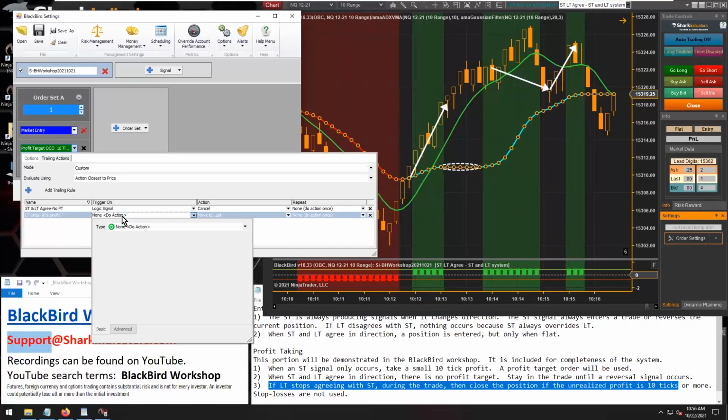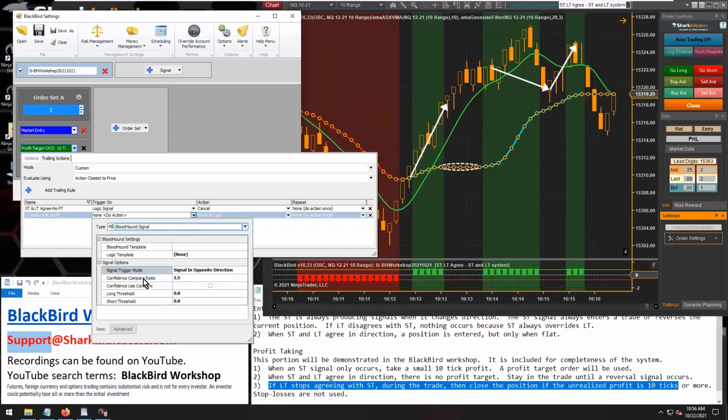So let's go back into the trigger, and once again we're going to use a BloodHound signal and set up our template file and select our logic template that tells us when the short term and long term agree or don't agree. Obviously, if there's no signal, then we know that the long term and the short term no longer agree with each other.